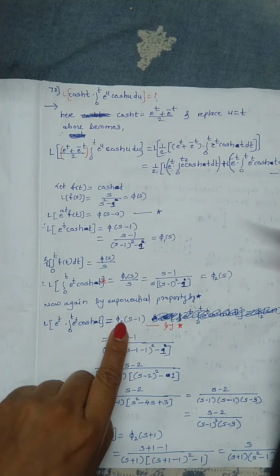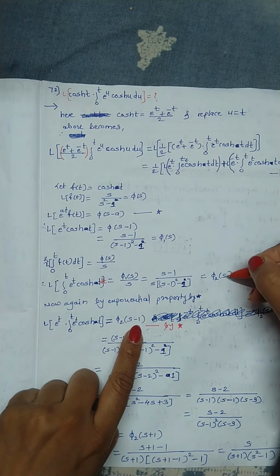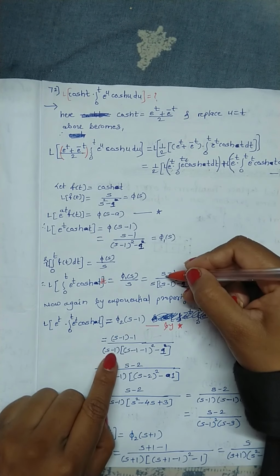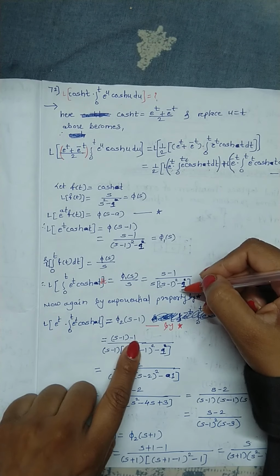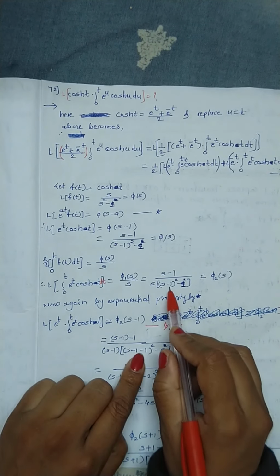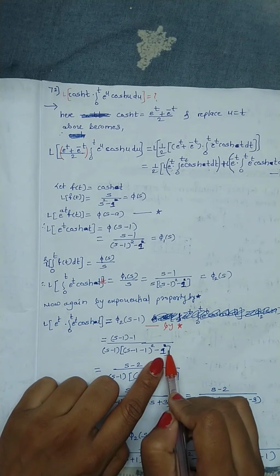Now replace phi 2 of s minus 1, that is, replace s by s minus 1 in this term. We get s minus 1 here, the rest of the terms as it is, minus 1. Again put brackets: s minus 1 here, s minus 1 minus 1 as it is, square as it is, minus 1 as it is.